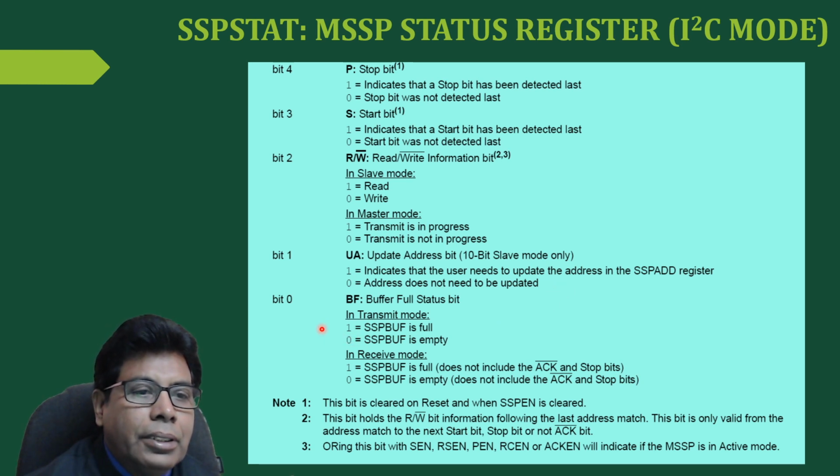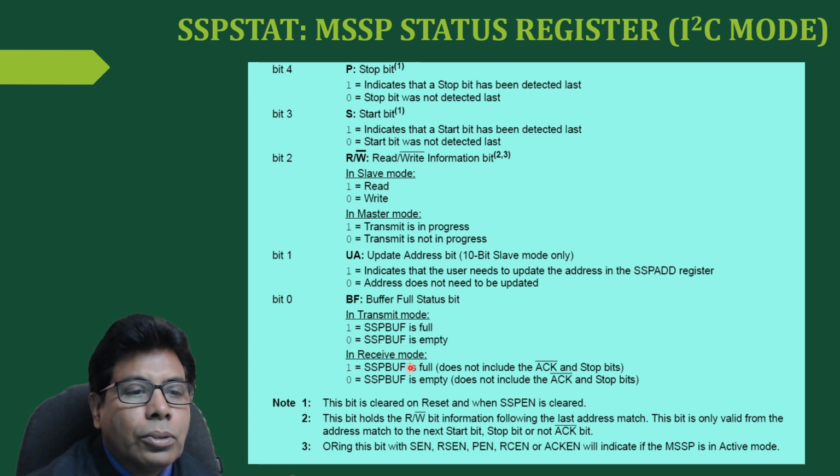And then the last bit here is the buffer full status bit. So in transmit mode, the SSP buffer is full if it is 1, and if it is 0, the SSP buffer is empty.